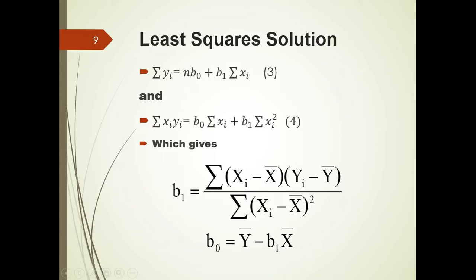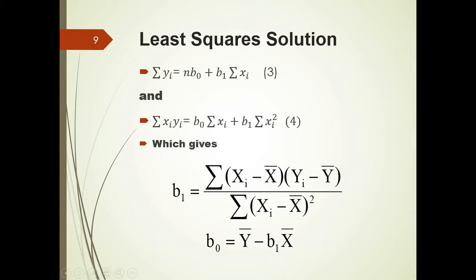The actual equation is y equal to b naught plus b1 x. You sum it, so sigma y equal to sigma b naught plus sigma b1 x. Since b naught is summed n times, we have sigma y_i equal to n b naught plus b1 sigma x_i.